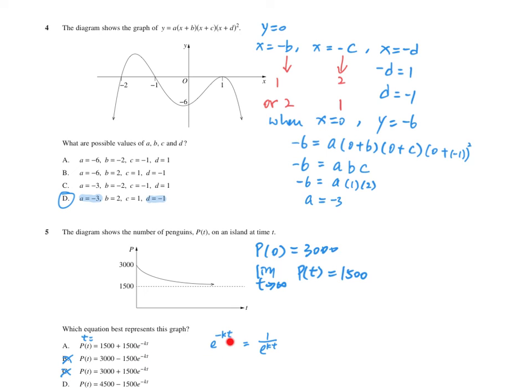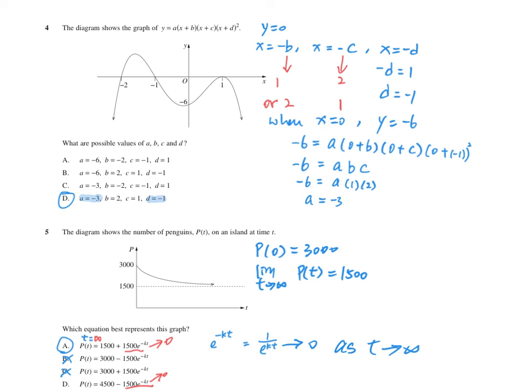E to the power minus kt equals 1 over e to the power kt. When t gets large, e to the power kt also gets large. 1 over a very large number goes to 0 as t goes to infinity. So when t gets large, this term goes to 0.